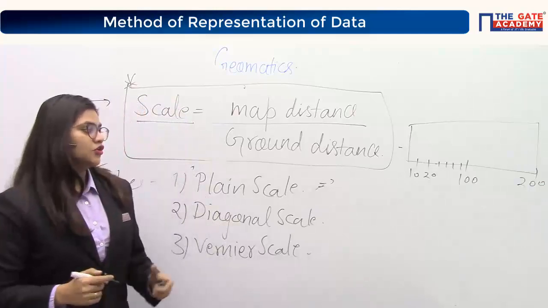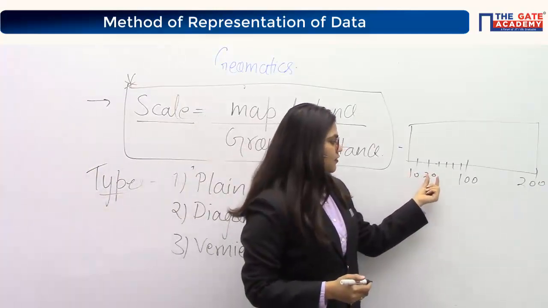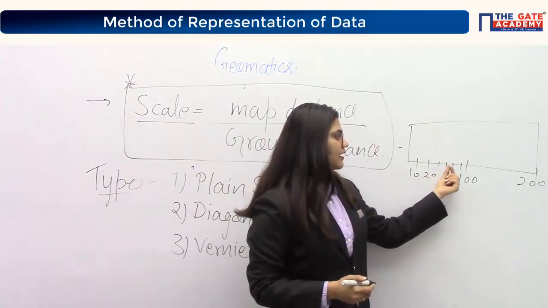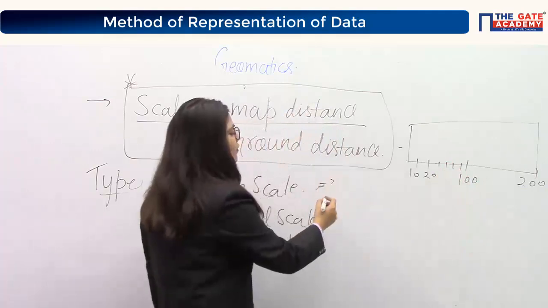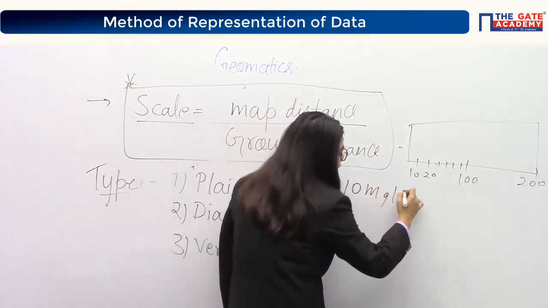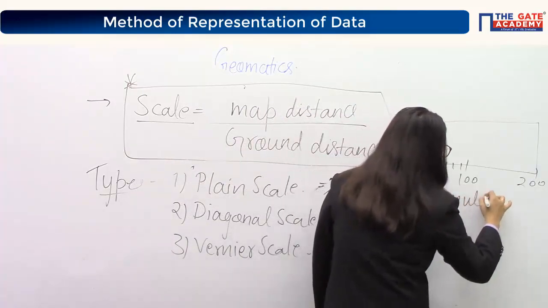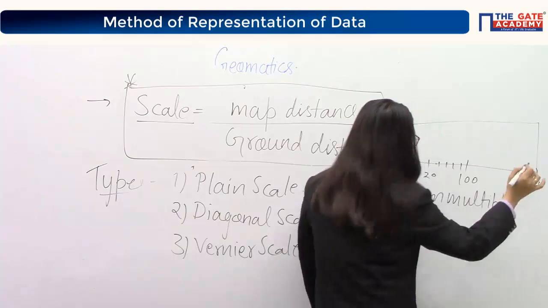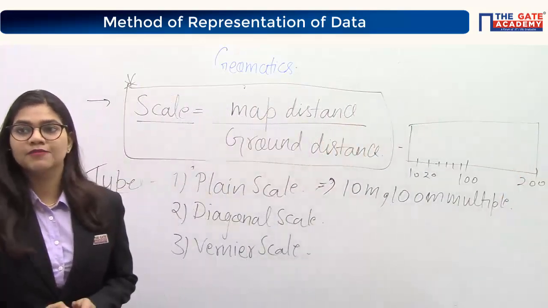You can see here 10, 20, 30, 40, 50, 60, 70, like this. So you can read here 10 meter multiple as well as 100 meter multiple.